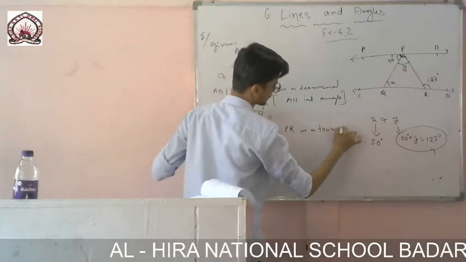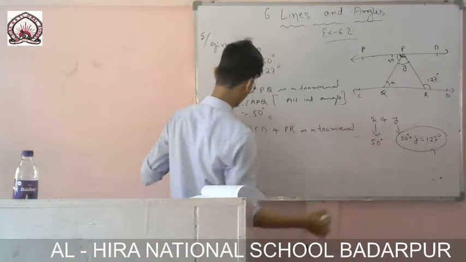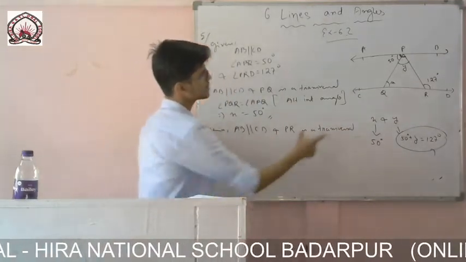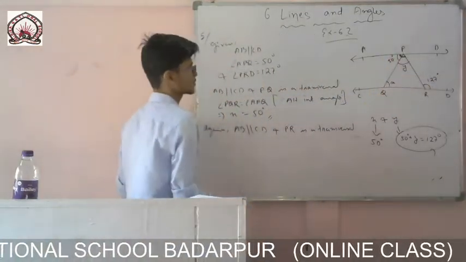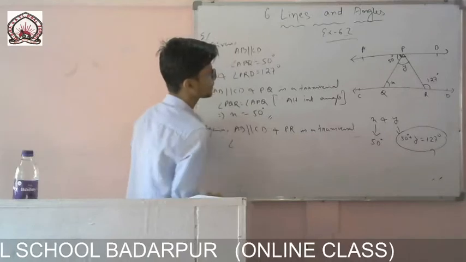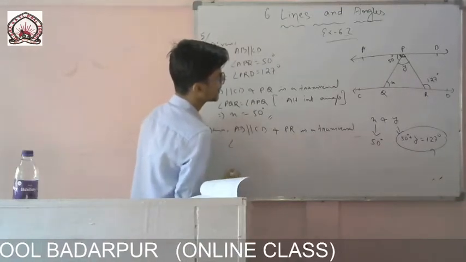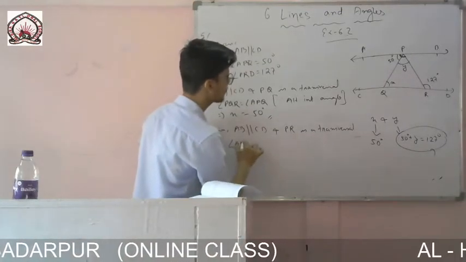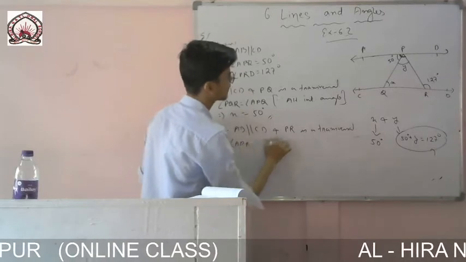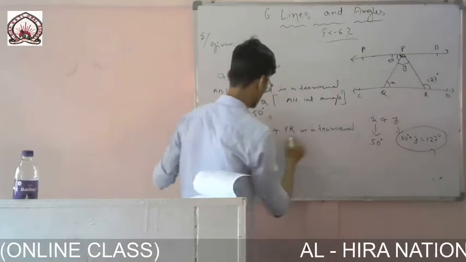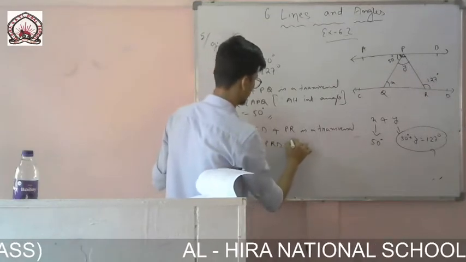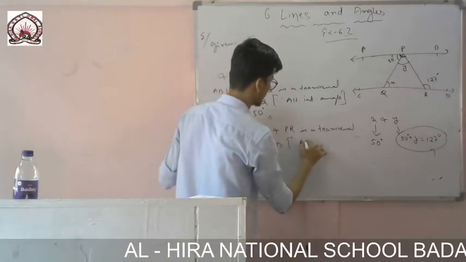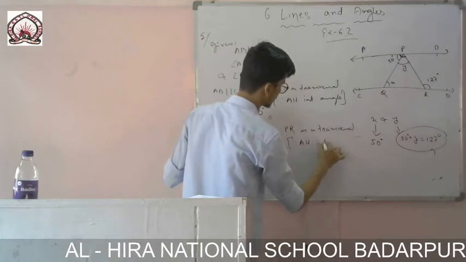AB is parallel to CD, and PR is the transversal. So now angle APR will be equal to angle PRD since alternate interior angles.